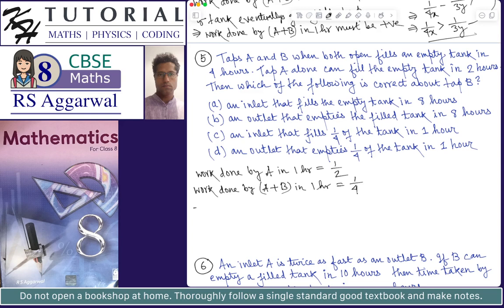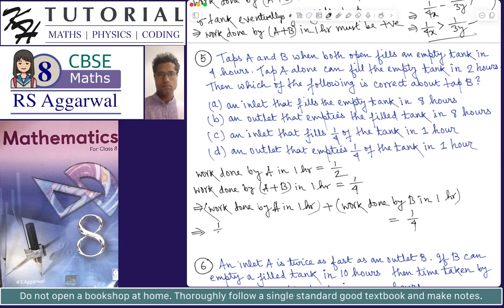From here we can say that work done by A plus B is equal to work done by A in 1 hour plus work done by B in 1 hour, which is equal to 1 by 4. Now we know that work done by A in 1 hour is half.